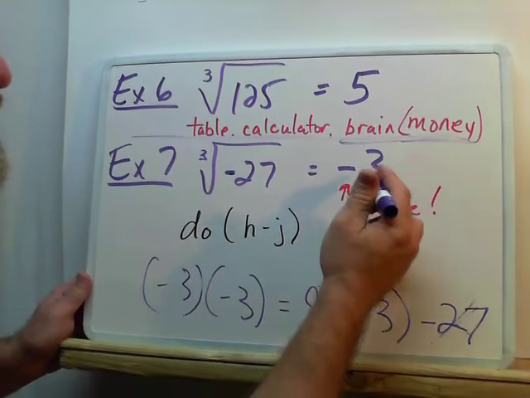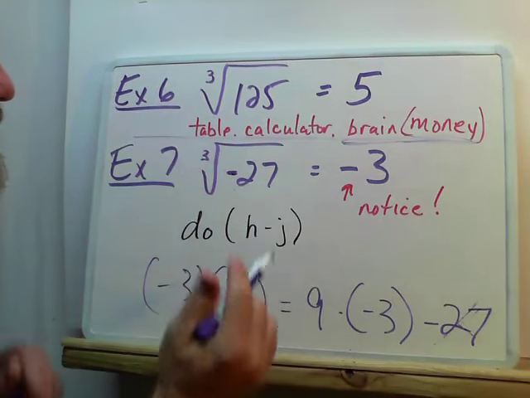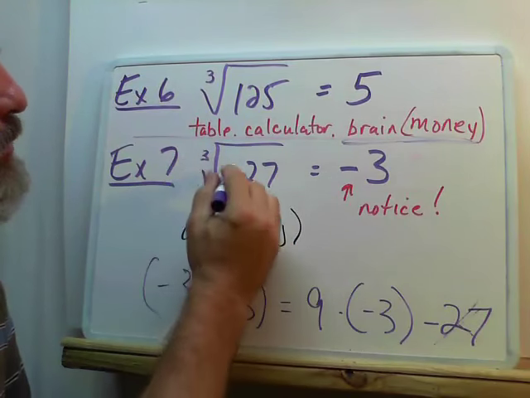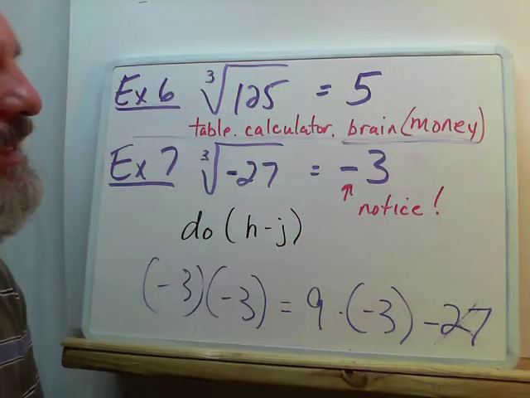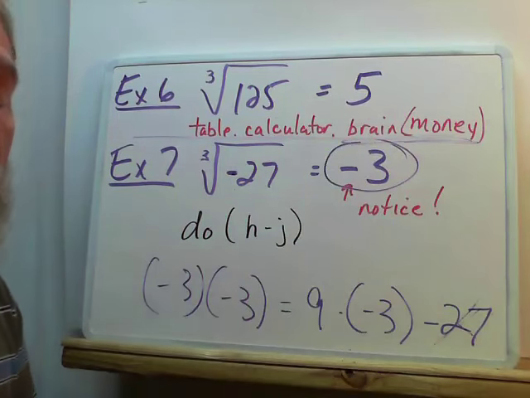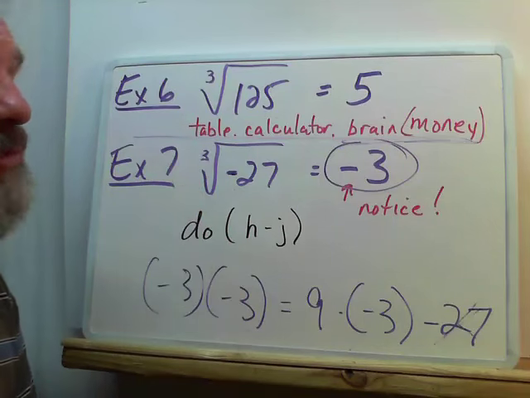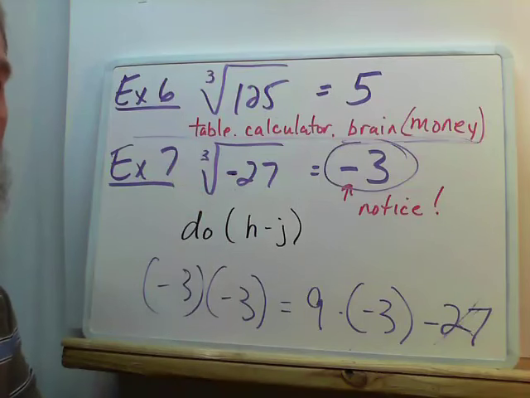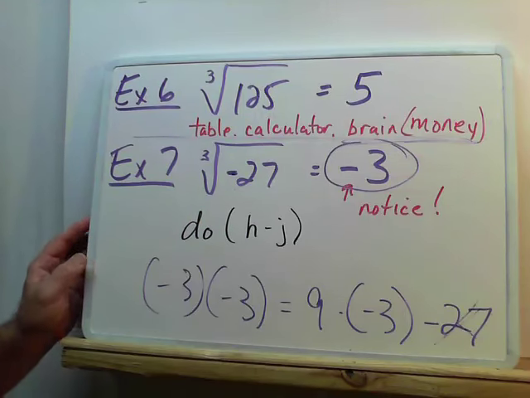So negative 3 cubed is negative 27, therefore if we take the cube root of negative 27, we will get negative 3. Negative answers are okay in the case of cube roots, because negative times a negative times a negative will be negative.